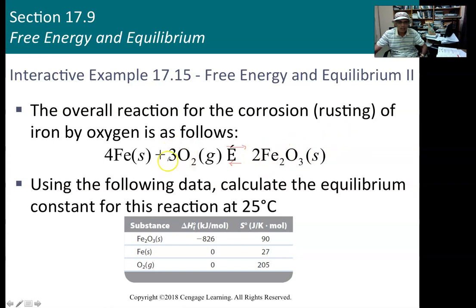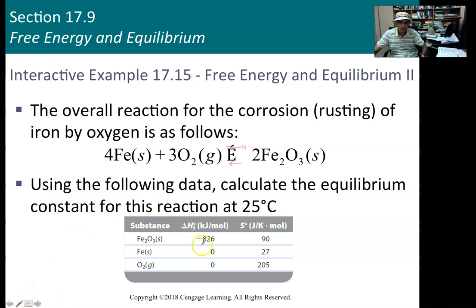Although in many scenarios it is a reaction with water instead of oxygen, because you need that medium in order for this process to occur, the same applies really.